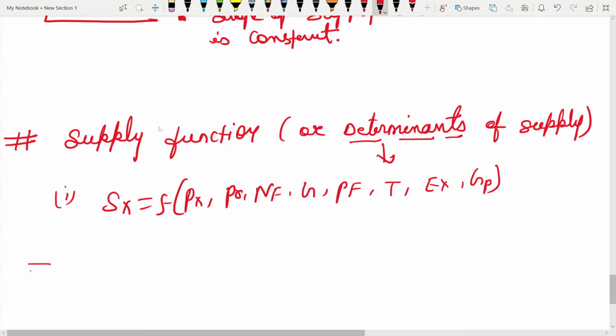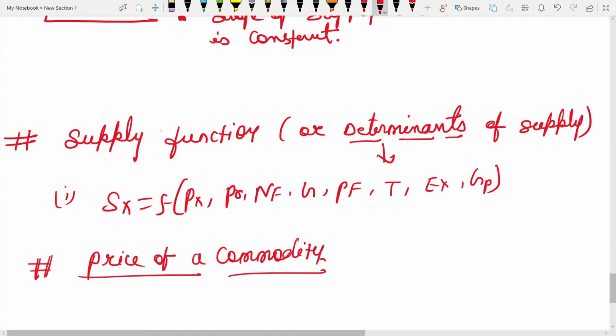Now let's discuss and deal with them one by one, that is, price of a commodity. Let's discuss how the own price of a commodity determines supply.